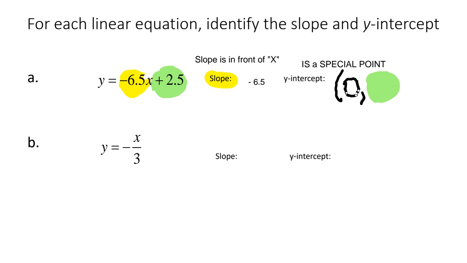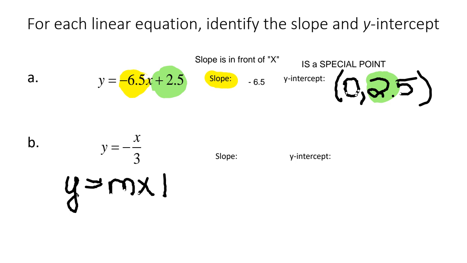This is my y-intercept. Okay? Now, this one, you have to know that this is in the form y equals mx plus b. But there's some things that you have to recognize.